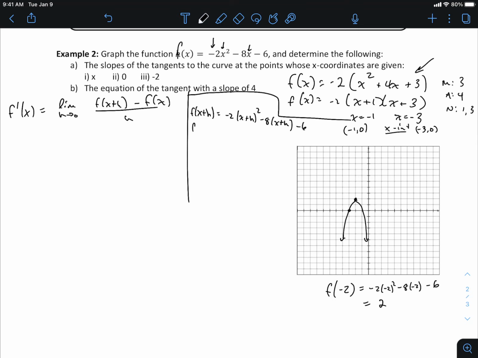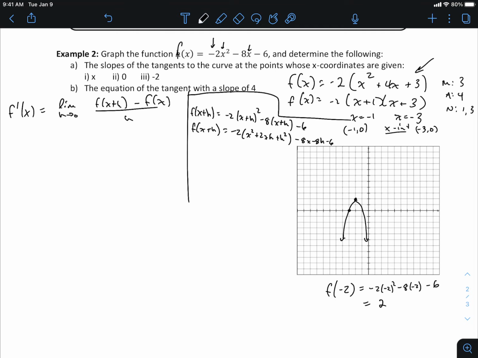This helps me, guys. I don't know if it helps you or not. You could probably do it right into the equation, but I've had some problems doing some of the homework questions that way. I find this organizes me a lot better, right? -2 times x squared plus 2xh plus h squared minus 8x minus 8h minus 6, right?